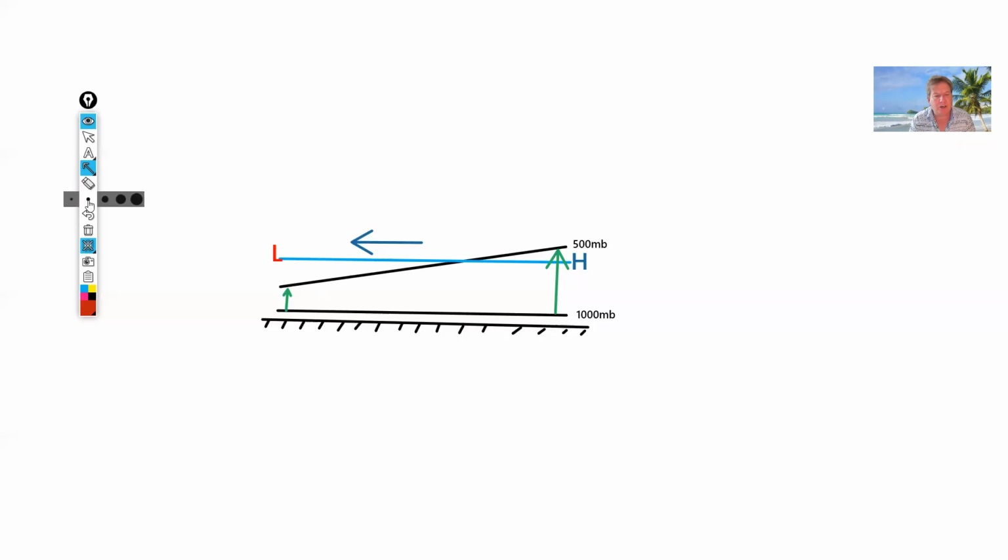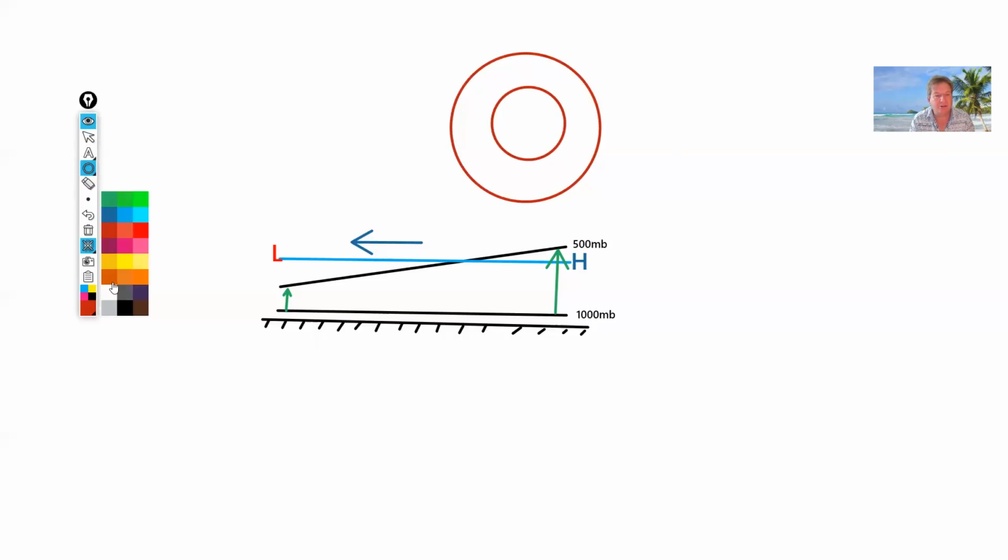So if I were to do this, I'm going to go ahead and draw a circle. I'm going to call those isobars. No, that's not a good one. Let's try it again. Those are isobars, and at the center of this circle is low pressure.